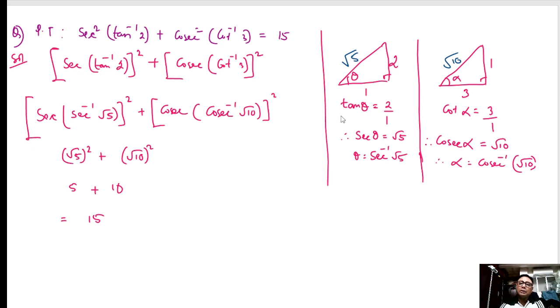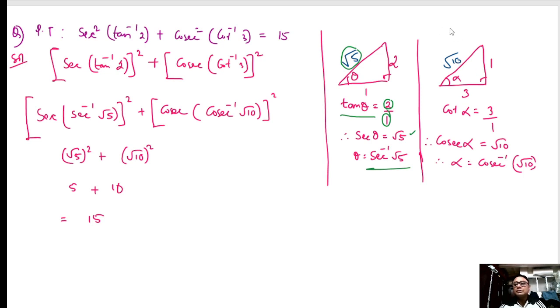So tan theta will be 2 by 1. This is my perpendicular, this is my base, so my hypotenuse will be root 5. So sec theta will be hypotenuse by base. So theta will be sec inverse root 5.